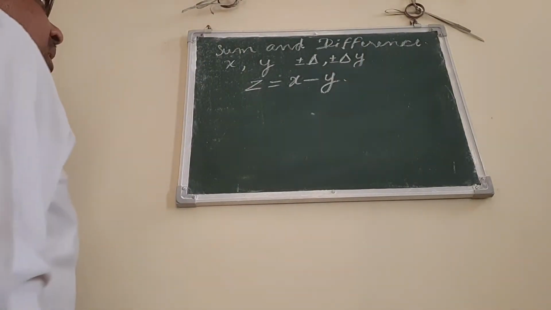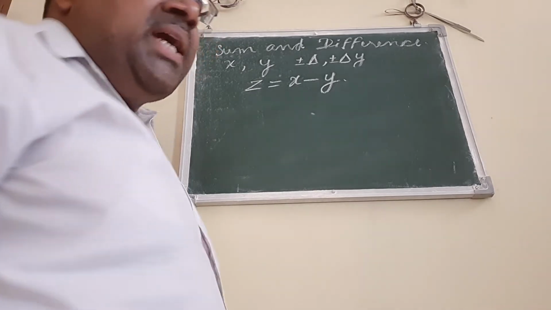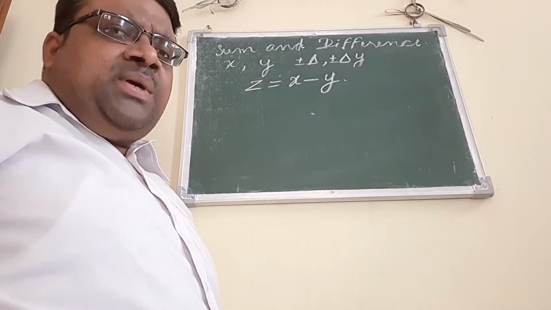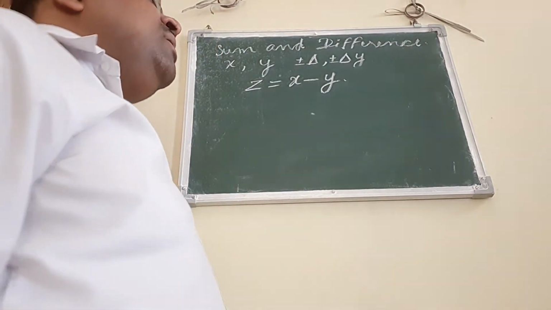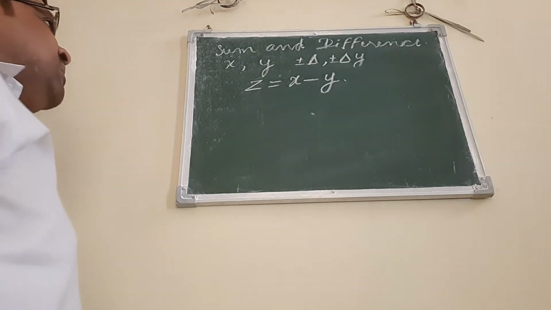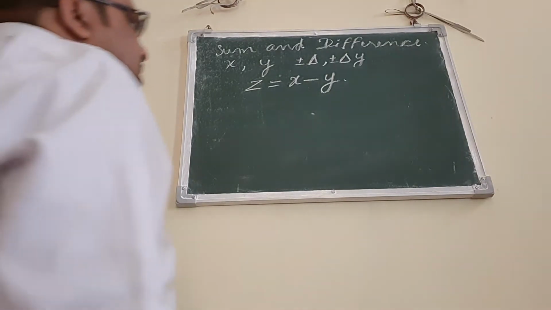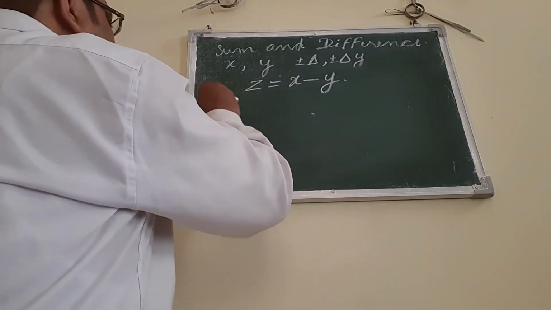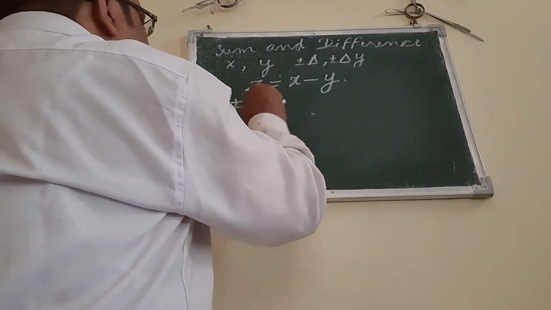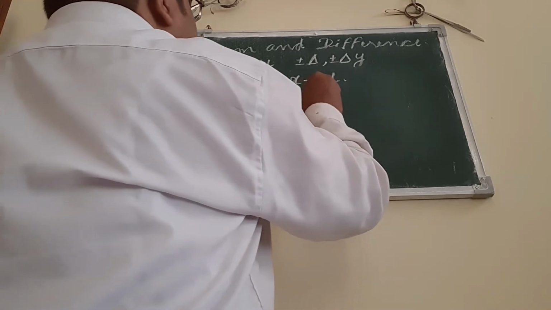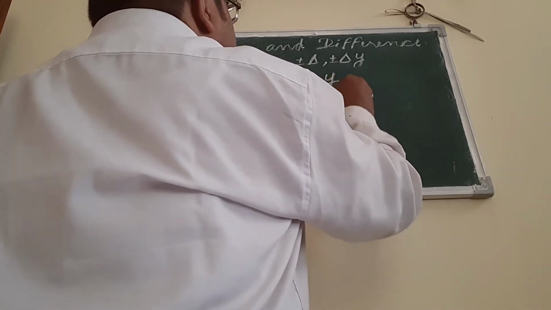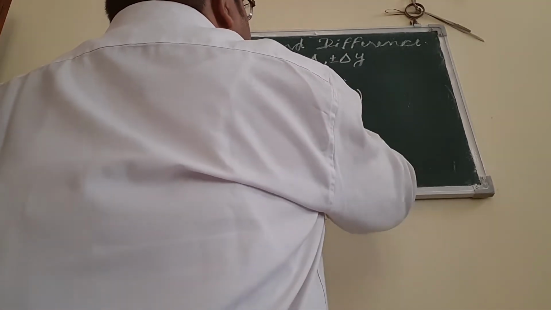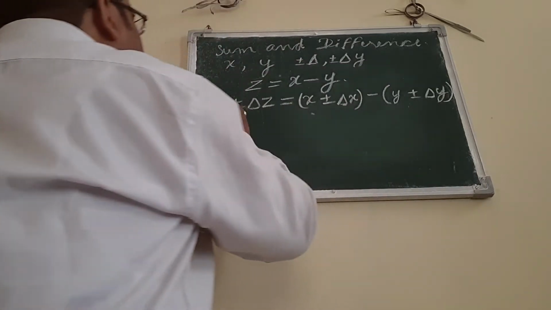Here, if there is an error in the individual quantities, the errors will always be added, even when the quantities are subtracted. So now applying the errors, z plus minus delta z is equal to x plus minus delta x minus y plus minus delta y.